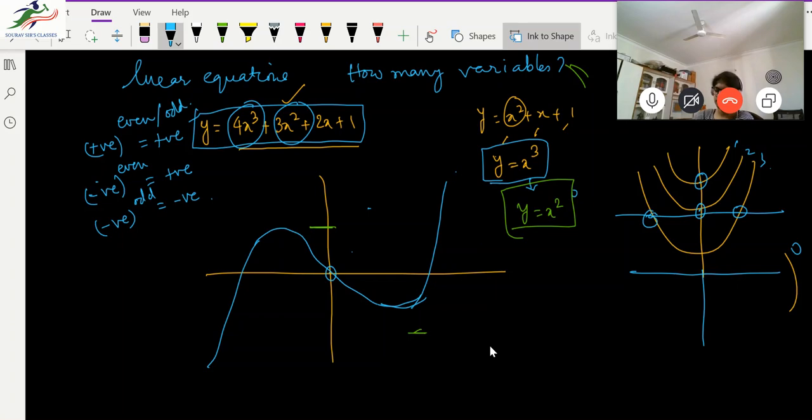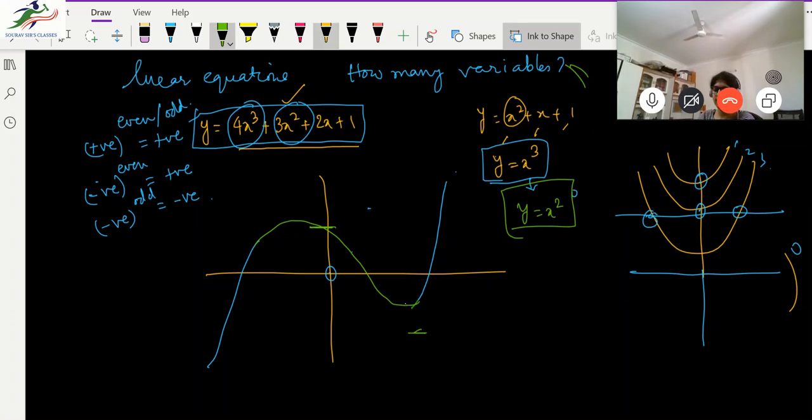So the first and the last part is behaving as a cube function, and the part in between them is behaving like a square function, right? This represents a quadratic equation. This also represents a quadratic equation, but these two represent a cubic equation. So it is a combination of both here, right? So this is one possibility.